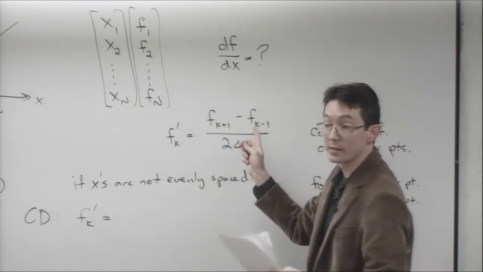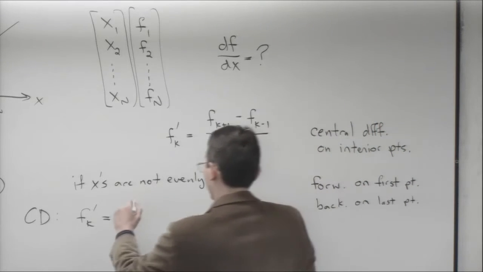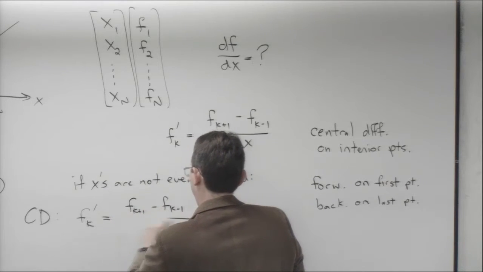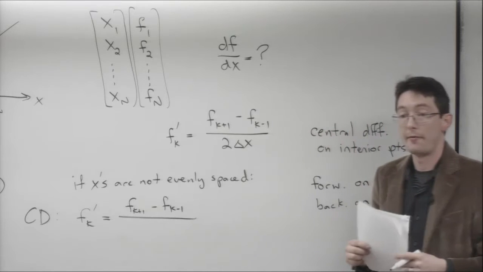So the top stays the same, because those data points are just called Fk plus 1 and Fk minus 1. Now, how does the bottom change?